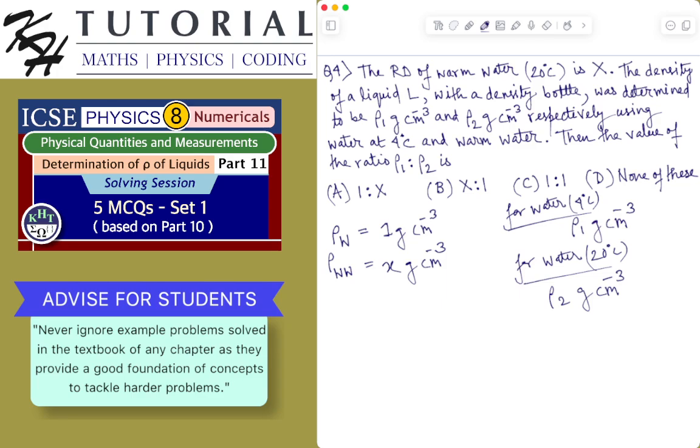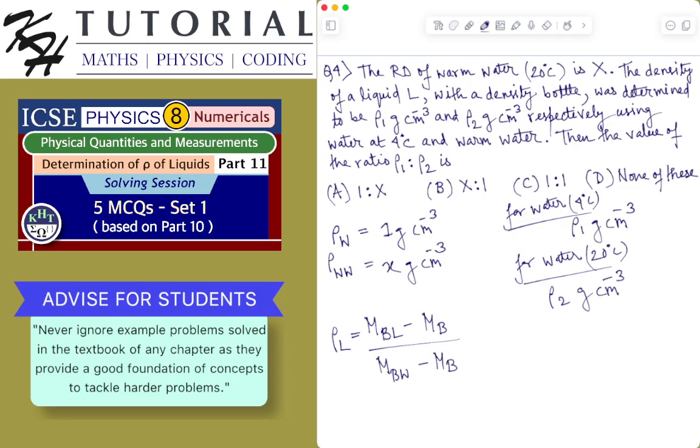Now the thing to understand is that in general the density of the liquid L using a density bottle, the formula is the mass of the density bottle plus the liquid minus the mass of the empty bottle, divided by the mass of the density bottle completely filled with water at 4 degrees centigrade minus the mass of the empty bottle.